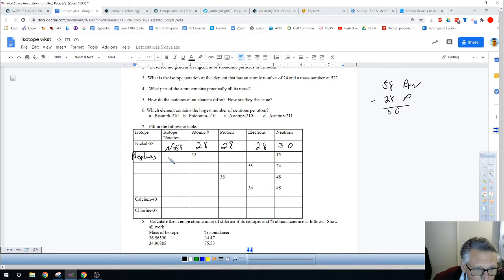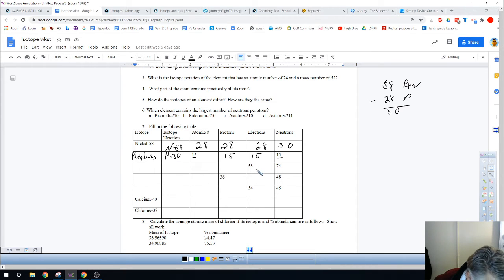And that will be P15. Nope, because if it has atomic number 15, it's going to have 15 protons and 15 electrons and 15 neutrons, and it's going to have a mass of 30.